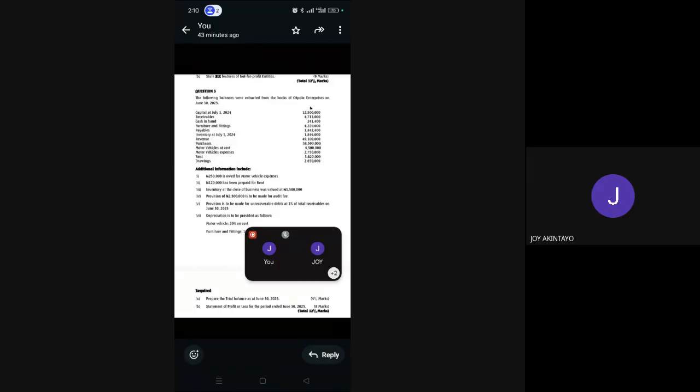It's an expense. Why are we putting it on the debit side?